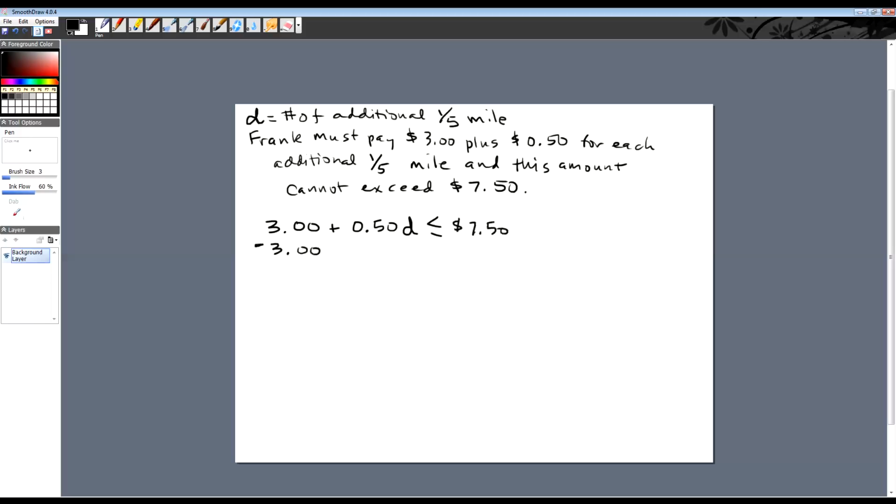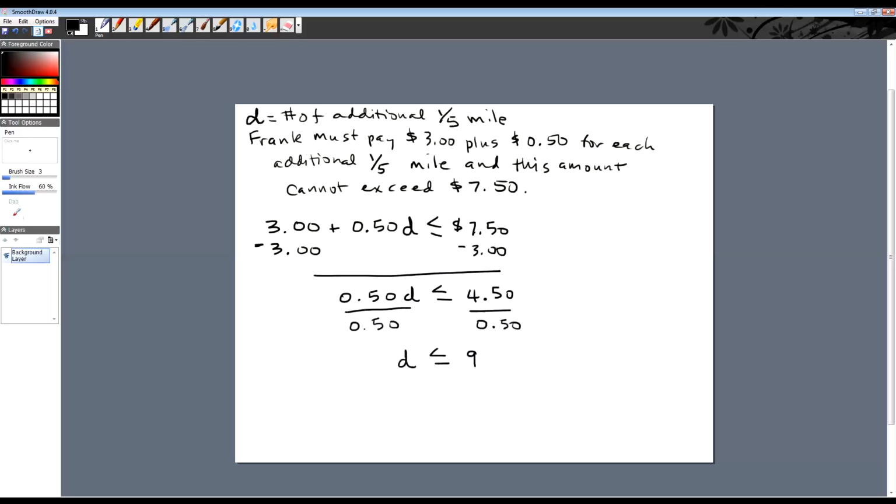So we'll subtract 3 from both sides, $3. And we're left with 0.50 D is less than or equal to 4.50. Solving for D, and it is a positive number, 0.50.